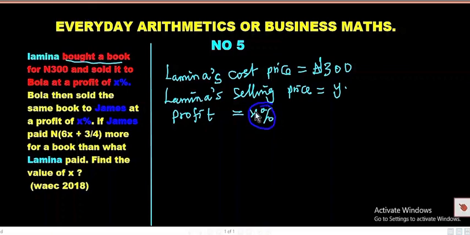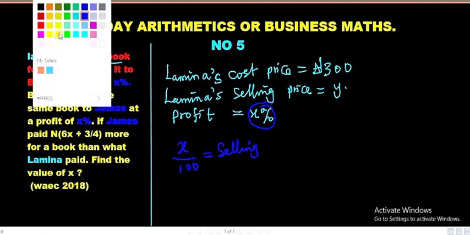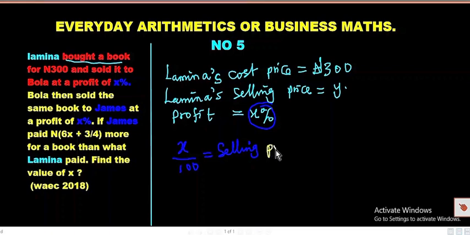Now, because profit has been mentioned in today's question, we are going to consider what we call profit percent and loss percent. But since this question is not interested in loss, we're just going to consider the profit percent. Considering the formula of profit percent, let's assume profit is x over 100, which is going to be equal to selling price minus cost price.